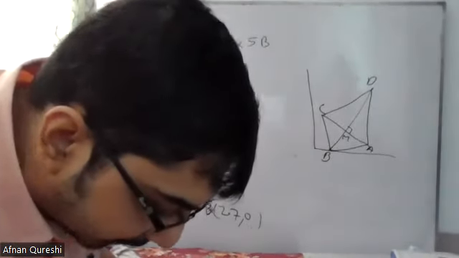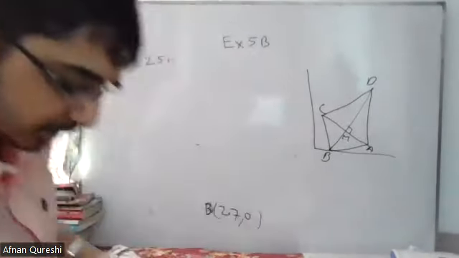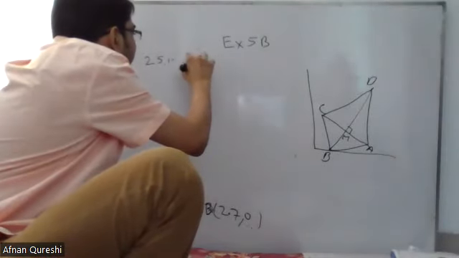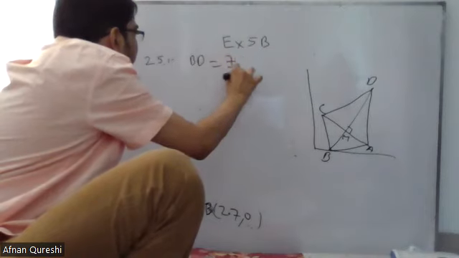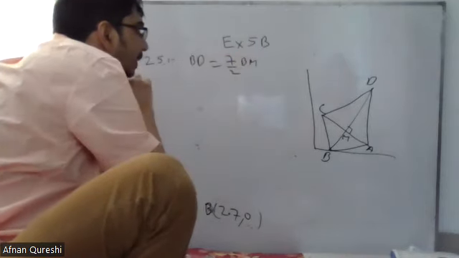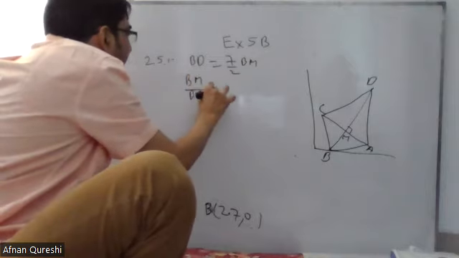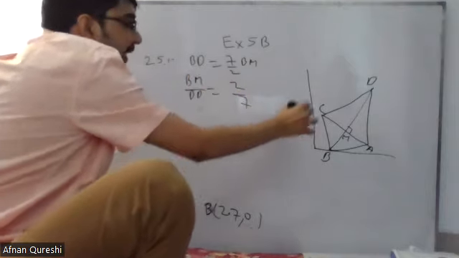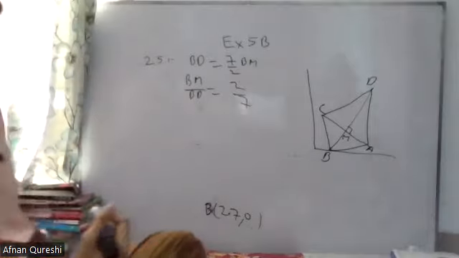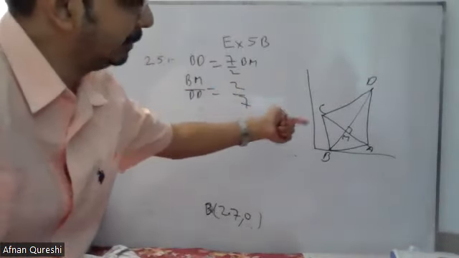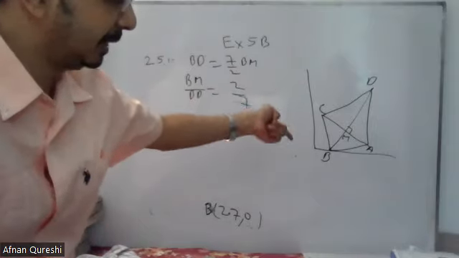Here it is given that BD is equal to 7 by 2 BM. That means BM by BD is equal to 2 by 7. So what is the ratio of BM and MD? That is how the point M divides the line segment BD.